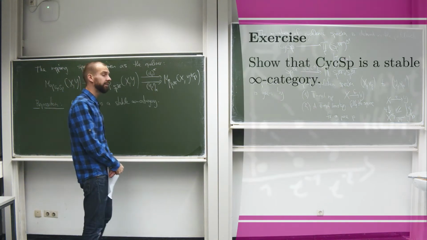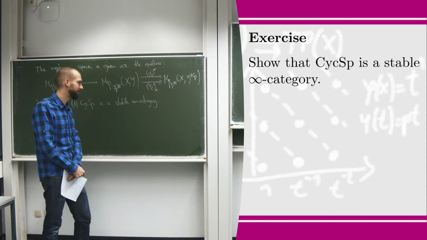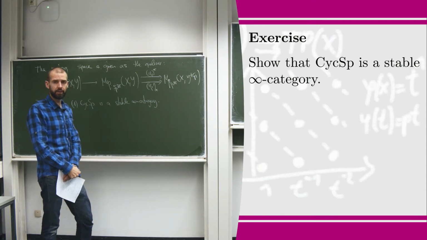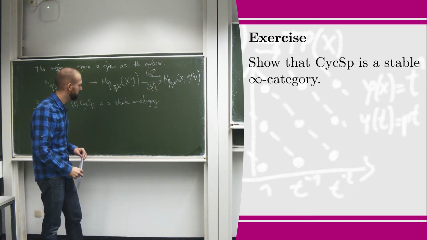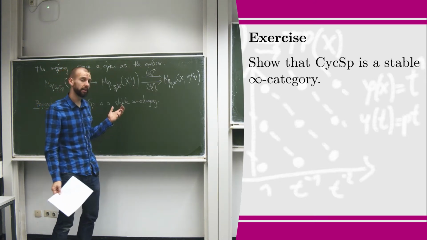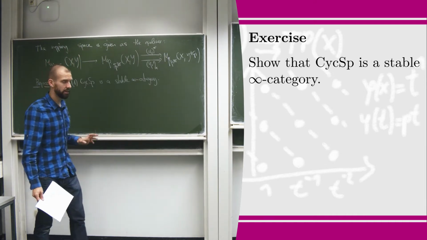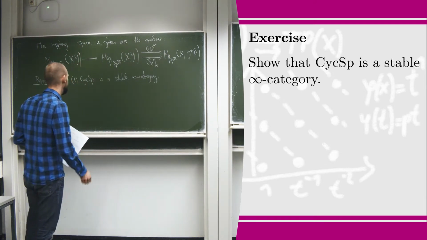And that is something which I want to leave as an exercise for you. The way to do that is to describe what limits and co-limits look like and check that it's stable. Okay, I won't say much more than that.